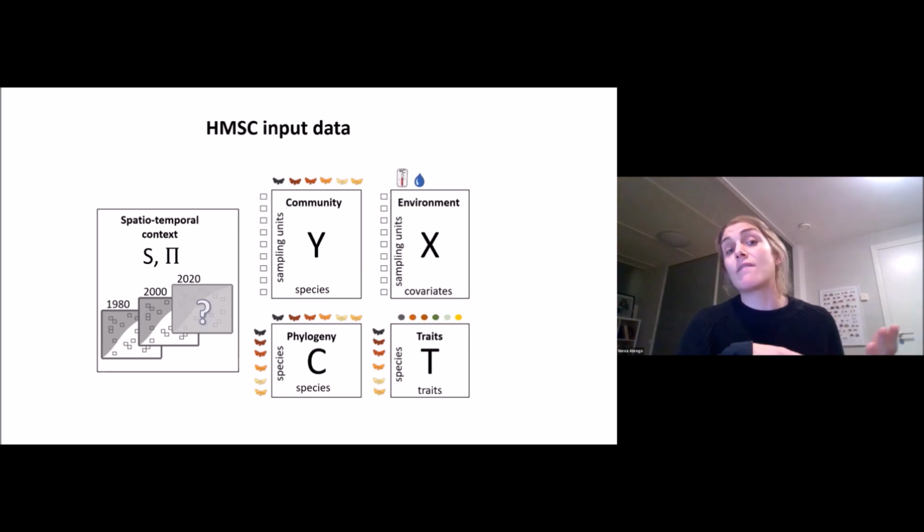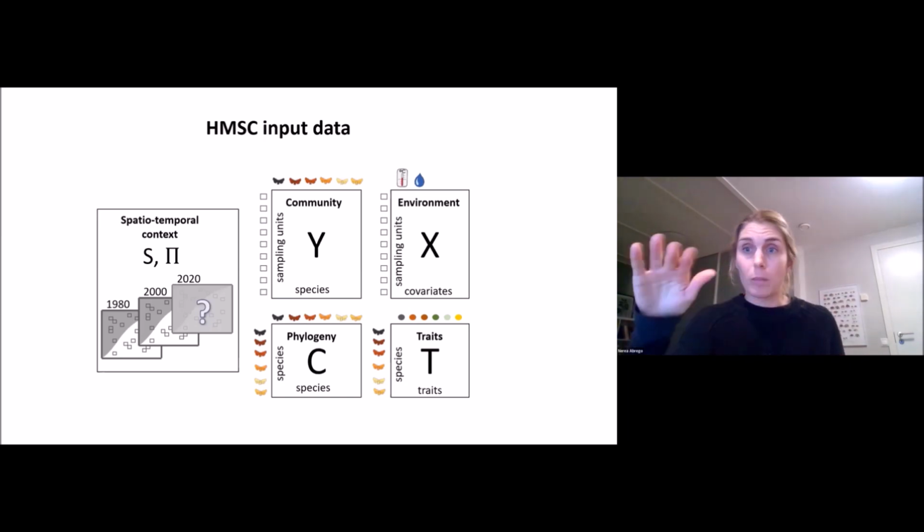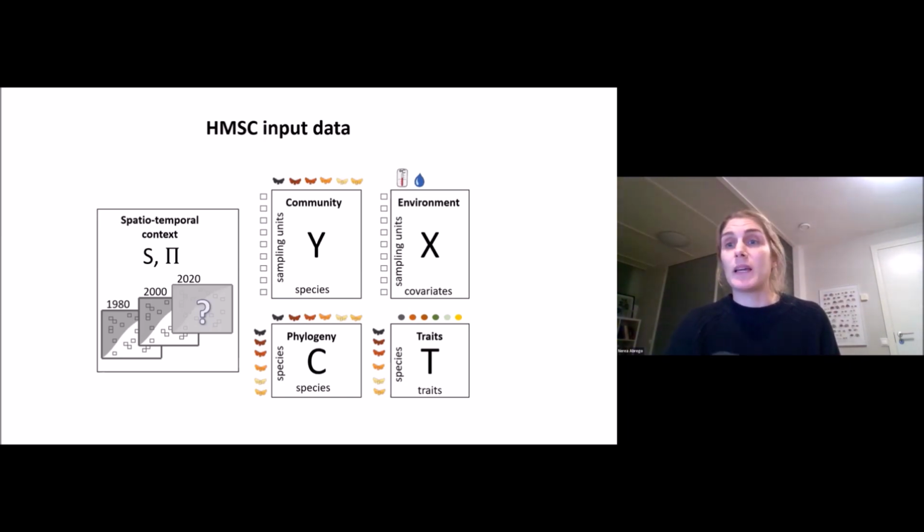Or if we have the coordinates of the sampling units, because we have this kind of data distributed across space, it is also possible to have that type of structure and therefore make predictions across sampling units.